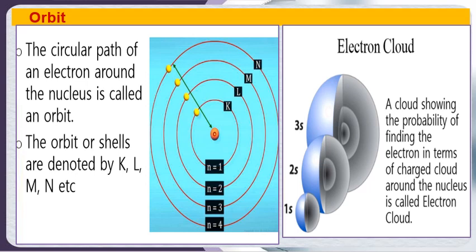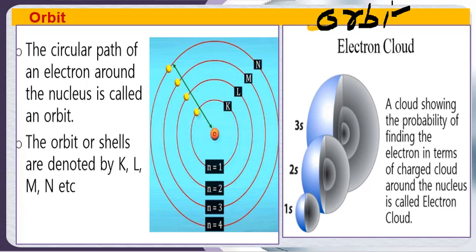What about the orbital? Orbital is considered as the area or the region around the nucleus where the probability of finding an electron is maximum. It is termed as an orbital, right?